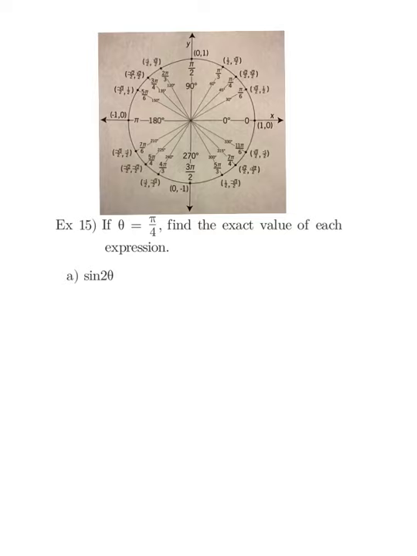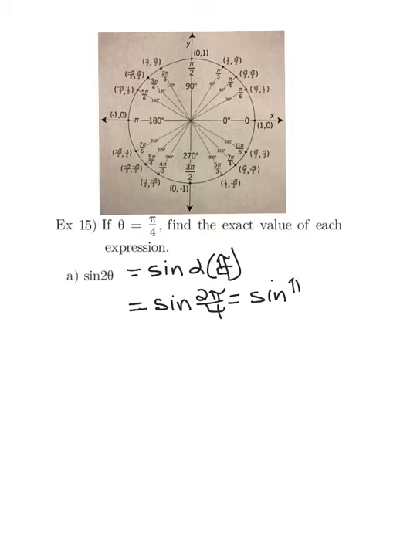So for this expression, you would be doing the sine of 2 times the pi over 4 that we were told theta equals. Well, if you take 2 times pi over 4, you get the sine of 2 pi over 4, but that simplifies to be the sine of pi over 2. So now we want to find out what that equals.